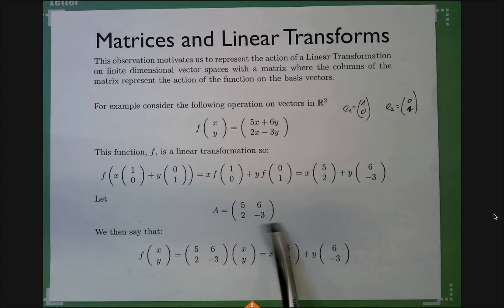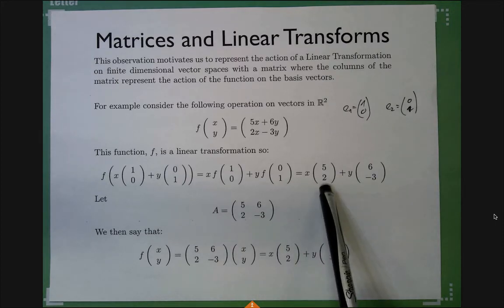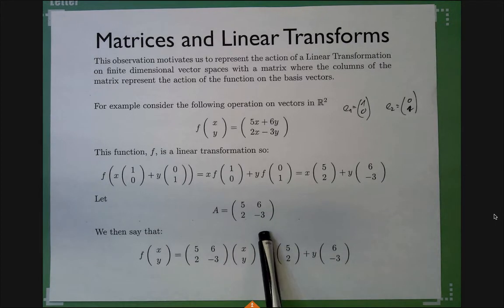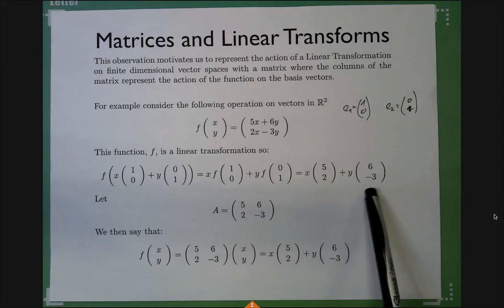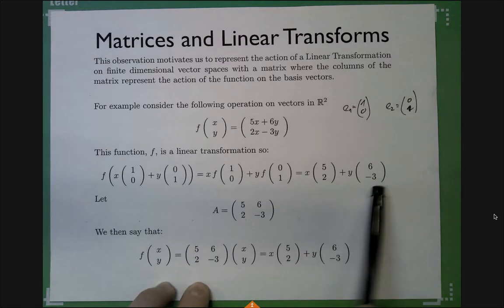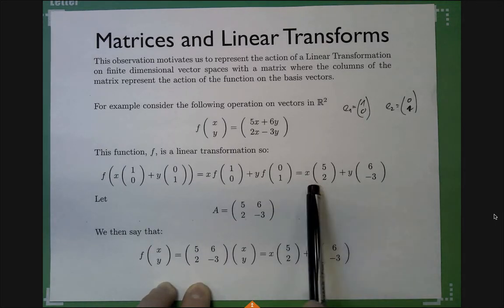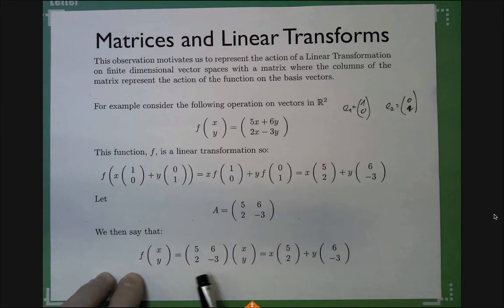Okay, so let's keep going. What I do now is I take these two vectors and put them together into a matrix. So the first column of the matrix is the first of these vectors, f(e1), and the second one is f(e2), the (6, -3). So I will get this matrix. And basically this formula, x times the first vector plus y times the second vector, I can write as matrix vector multiplication.